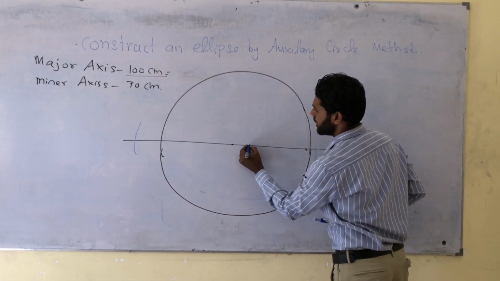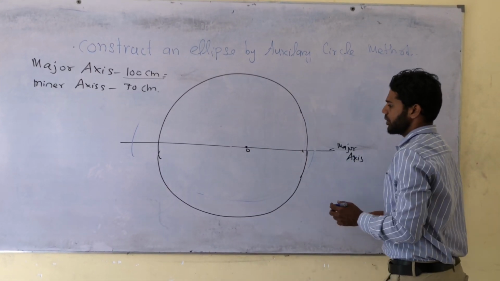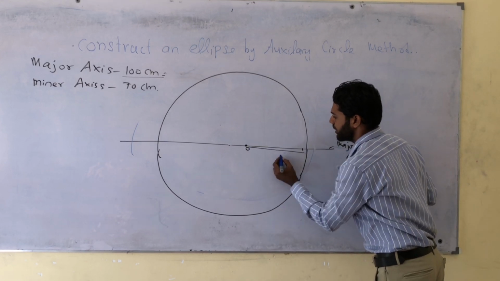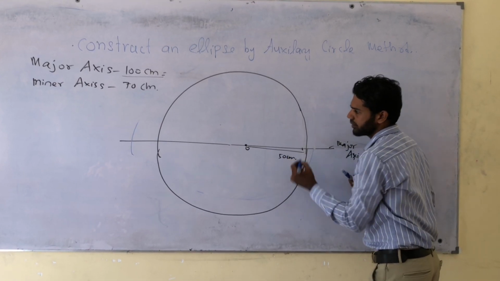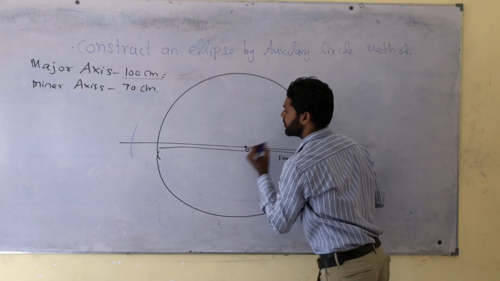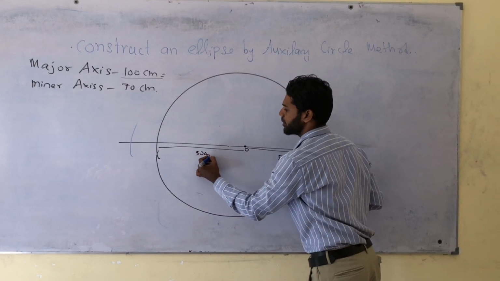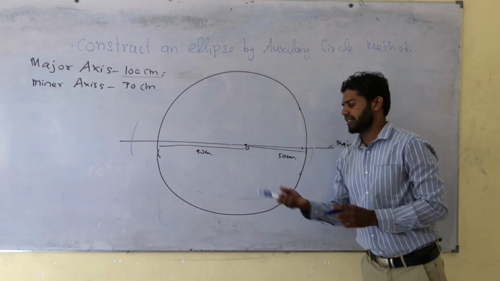Let's say this is center O. So this length is 50 centimeter, and here also 50 centimeter. This is the major axis.